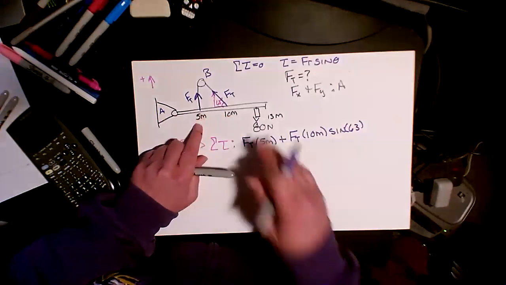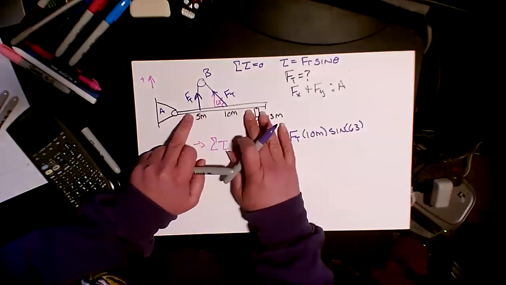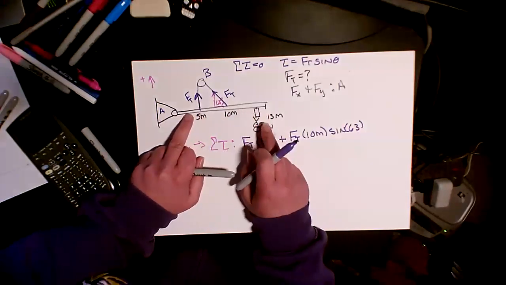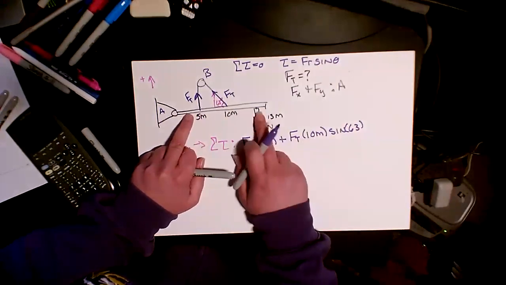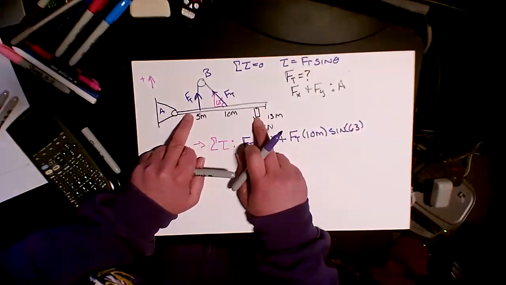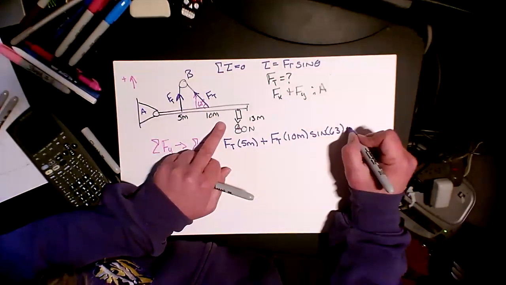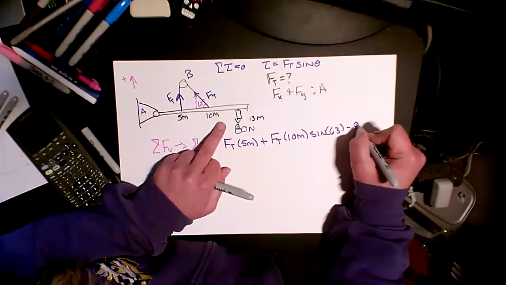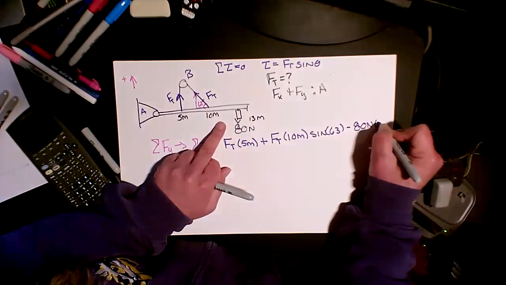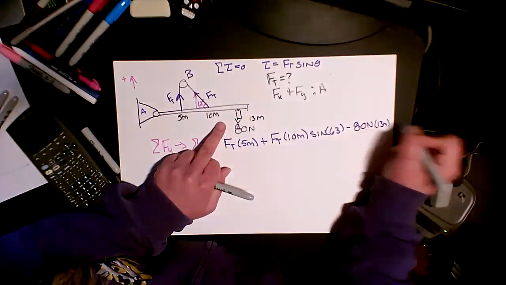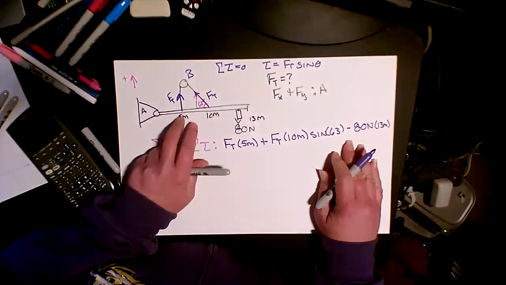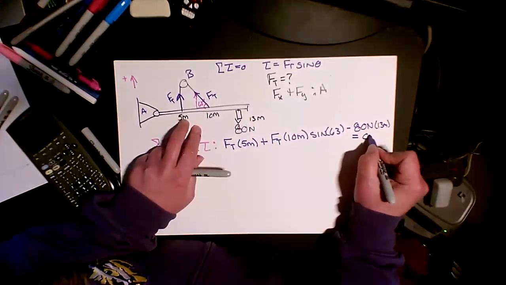Now again, we're not including the mass of the bar because we're not given it, so we're not worrying about its center of mass. But I am given that there's this 80 Newton weight just randomly hanging out there, because why not? So that one's going down. So minus this 80 newtons, and that's at 13 meters. And what's that all equal? If this thing is static, all of that equals 0.